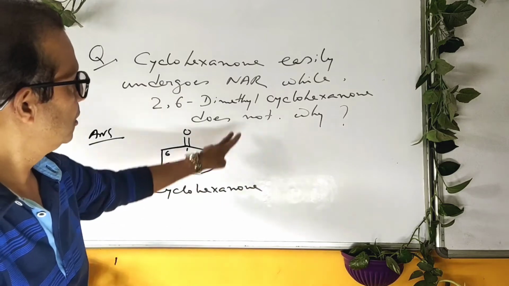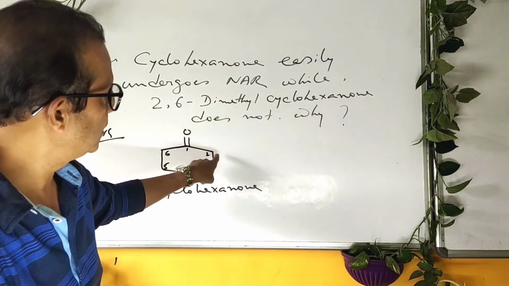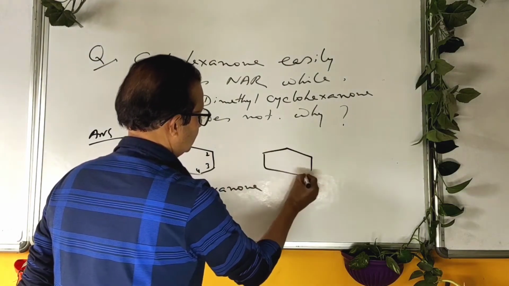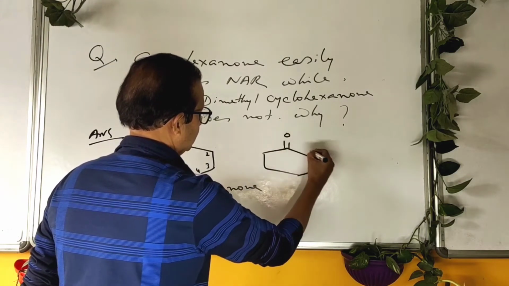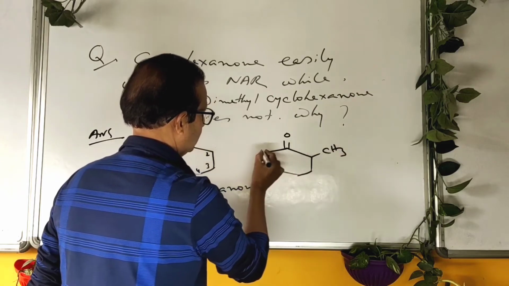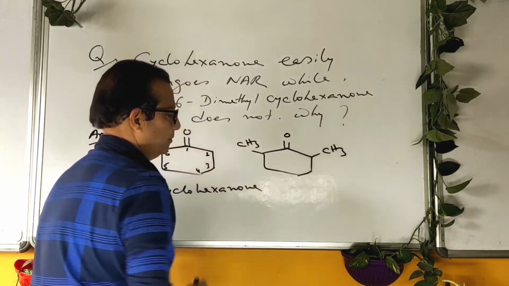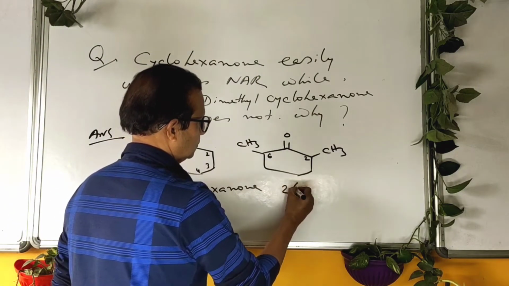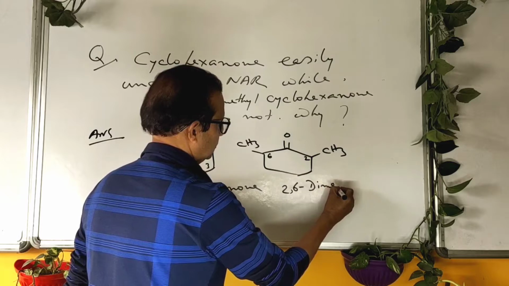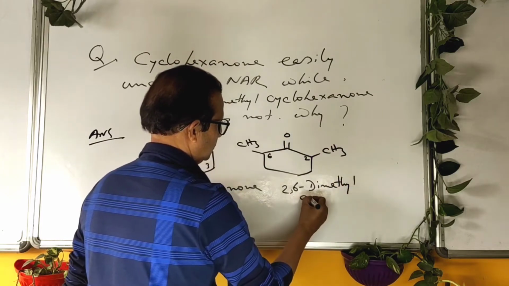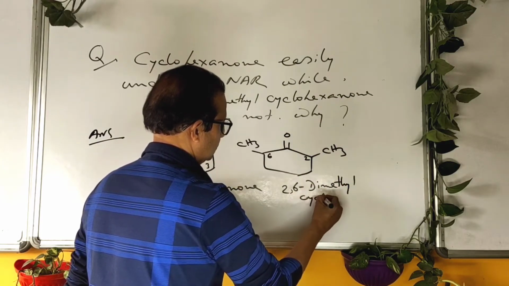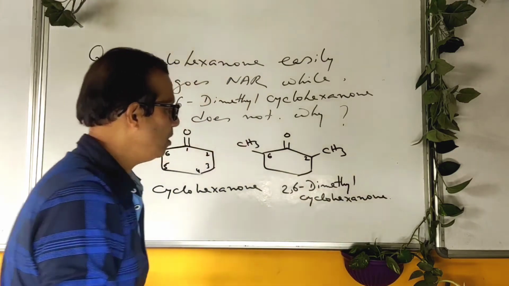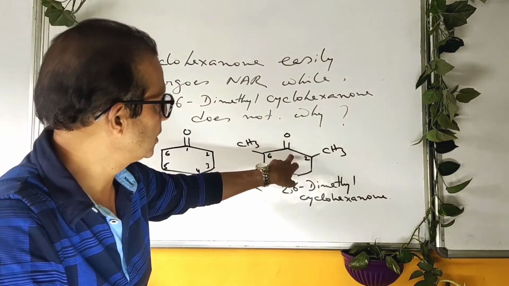Insert 2 methyl groups at 2 and 6 positions. 2,6-dimethyl cyclohexanone.